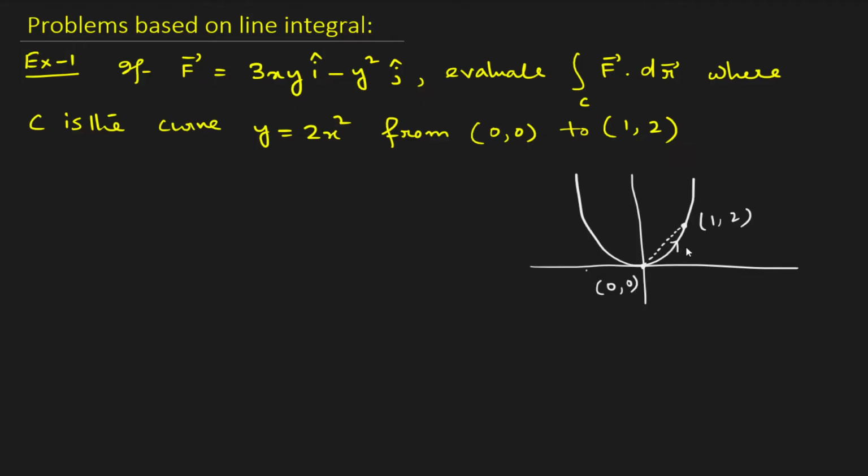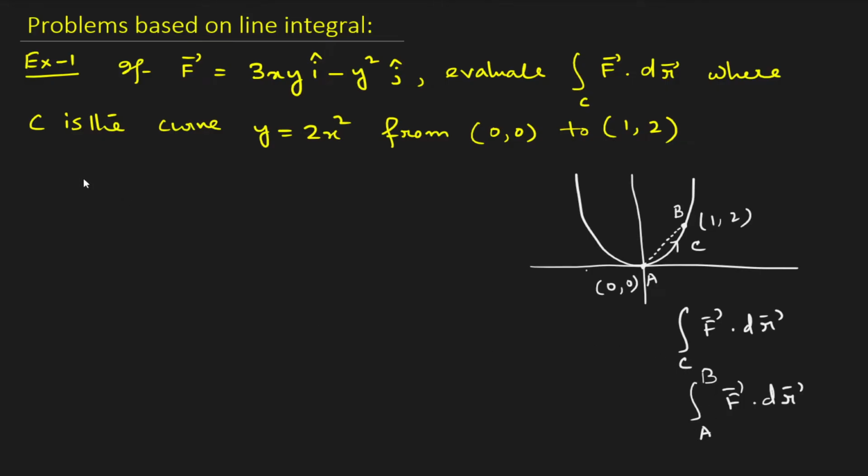So this is the curve C. This point is A and this point is B. Now you can relate this with the definition, because in the definition it is written like this: integration over C of F bar dot dr bar, and we also need the points, from A to B. Now if you see this particular diagram, then everything will be clear. A point to B point.